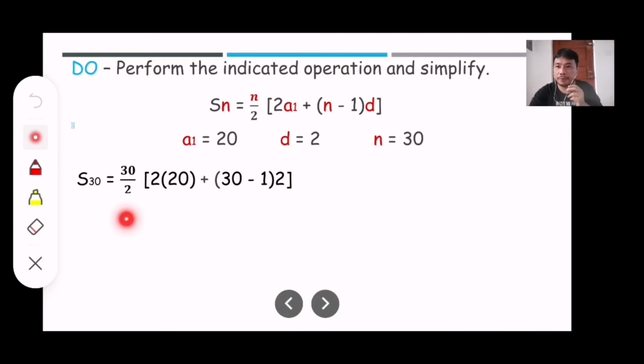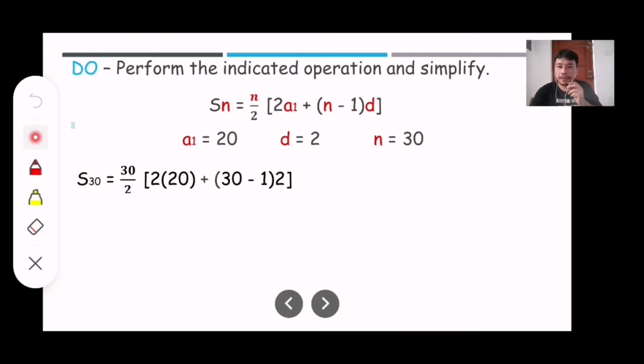Okay, so the next thing here is to substitute the values. So n becomes 30, and a sub 1 becomes 20, and the value of n here, that's 30 already. And the last one is the value of d, which is 2. So all the red parts in the formula, we already have substituted the needed values.